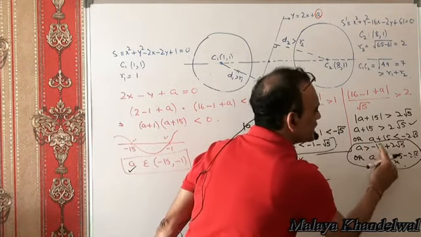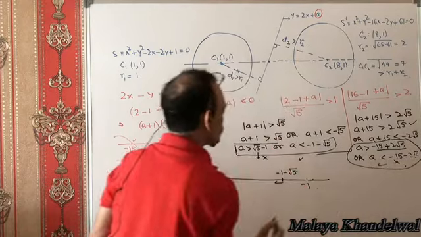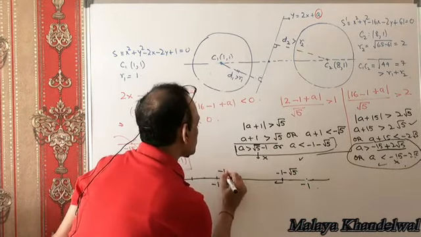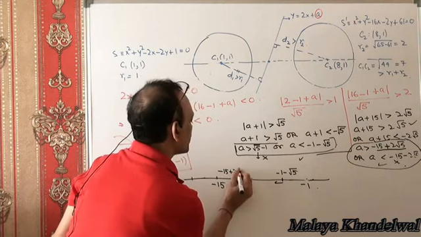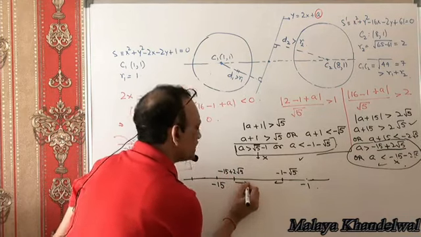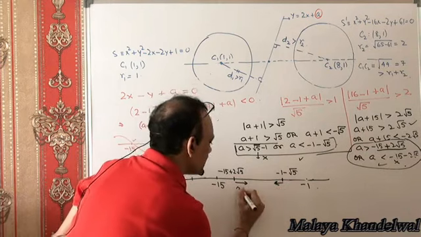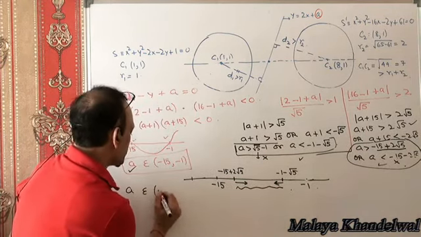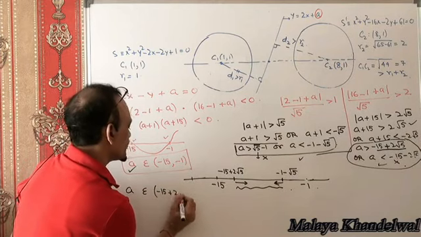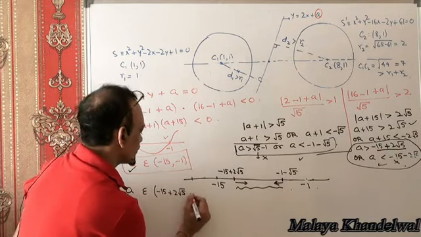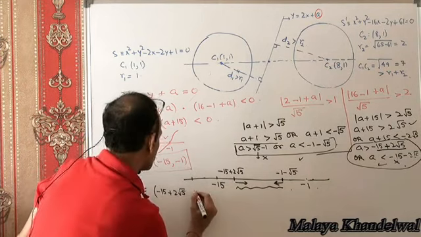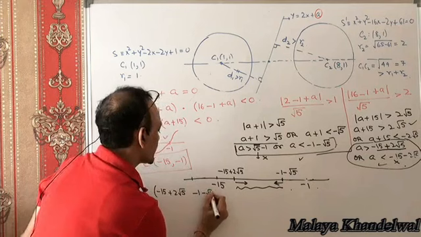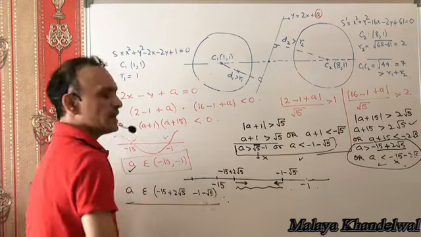But a greater than minus 15 plus 2 root 5: minus 15 plus 2 root 5 is a number here. So a has to be greater than this, but less than this. That means a must belong to this interval. a therefore eventually belongs to minus 15 plus 2 root 5 to minus 1 minus root 5. This is the interval to which a must belong.